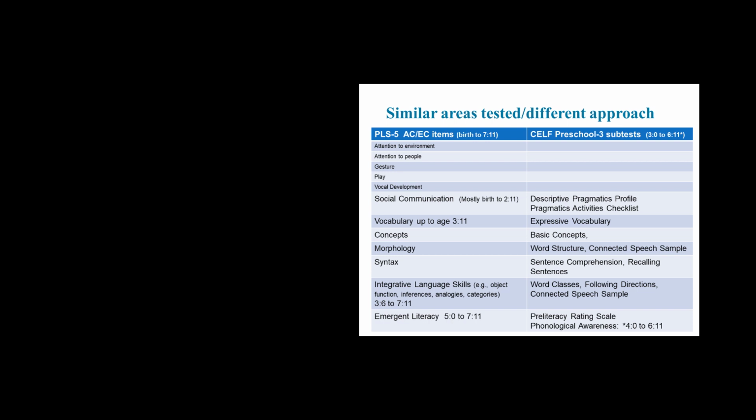On PLS-5, you look at skills like object function, making inferences, analogies, and putting items into categories for ages 3;6 to 7. And then on PLS, there are some test items looking at literacy from 5 to 7;11. On CELF Preschool, those tasks start at age 4.